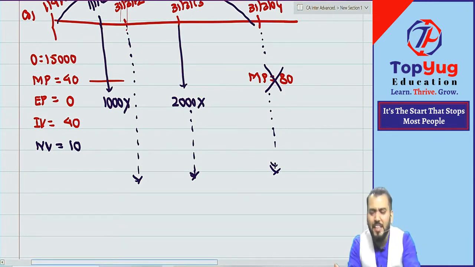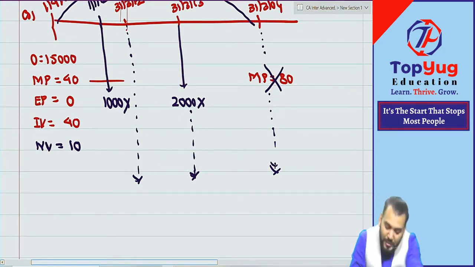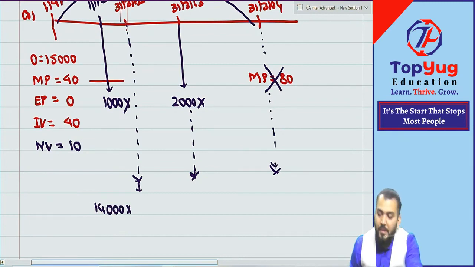Has any expectation been given? No. So you can't assume expectation on your own. It means for this year, 14,000 options. What is the value of options? 40.